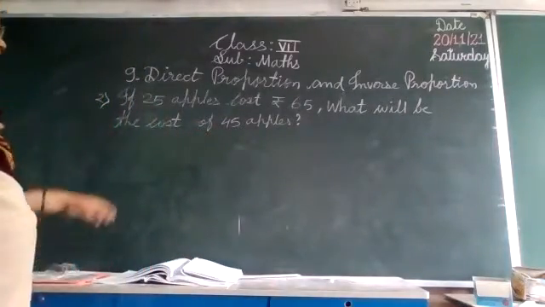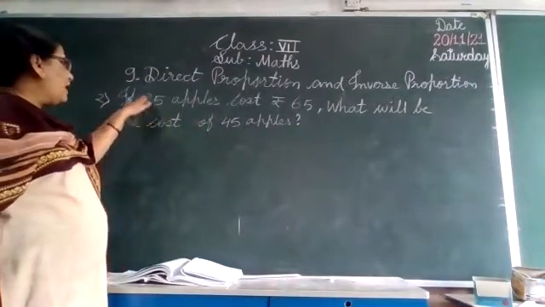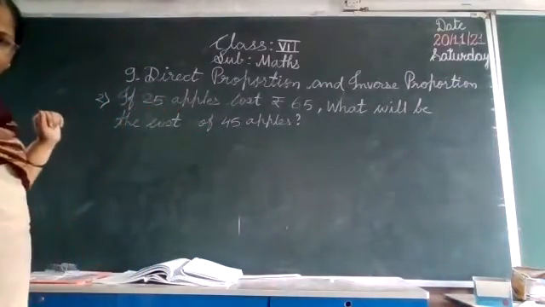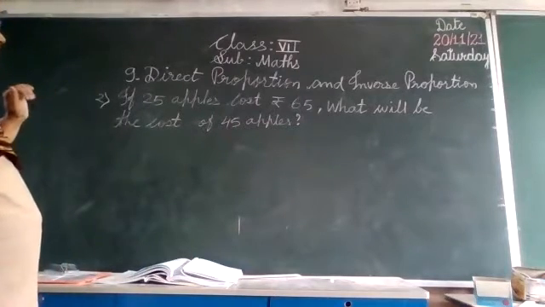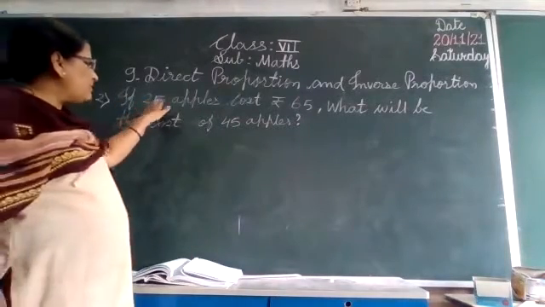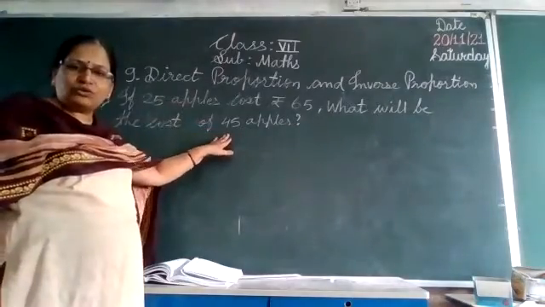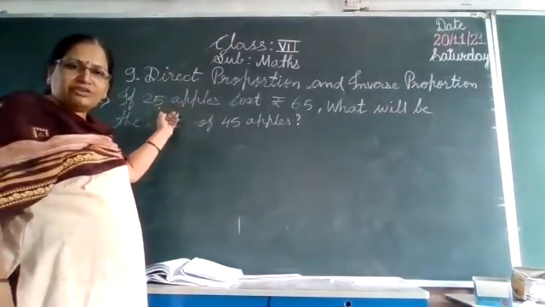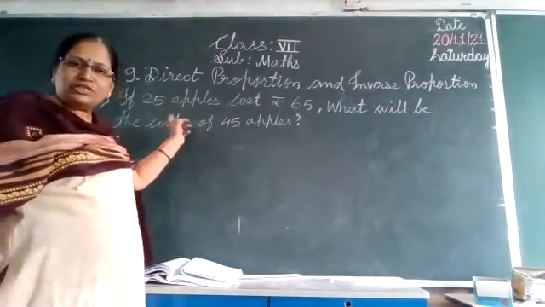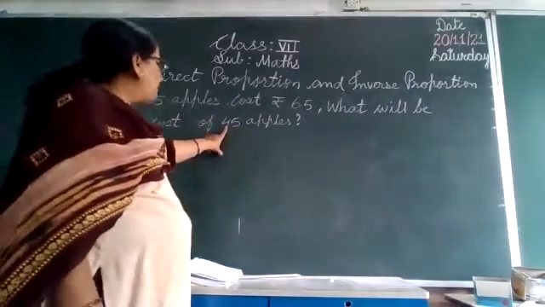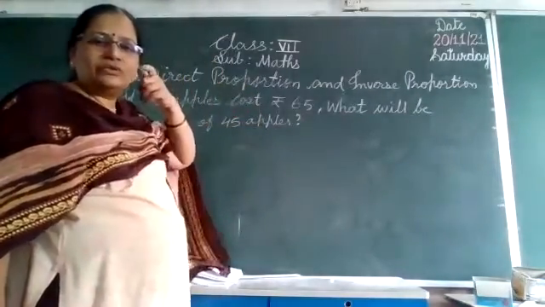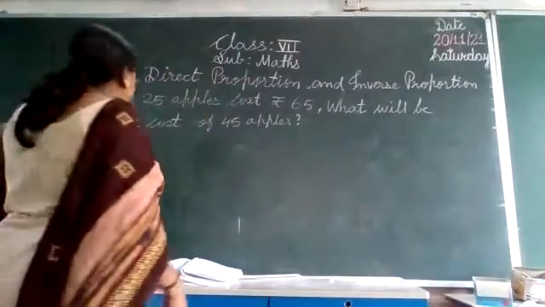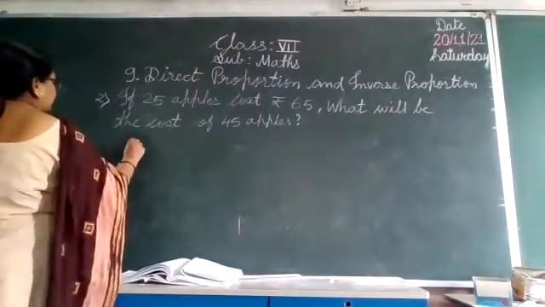Okay, now see, children, 25 apples cost rupees 65. Here we increase the number of apples to 45. So instead of 25, if you buy 45 apples, the cost will increase from 65.